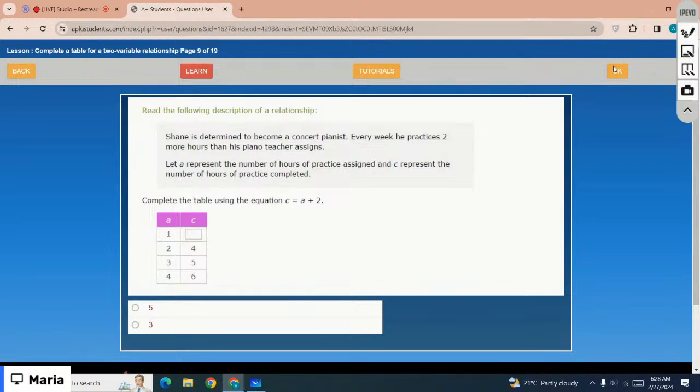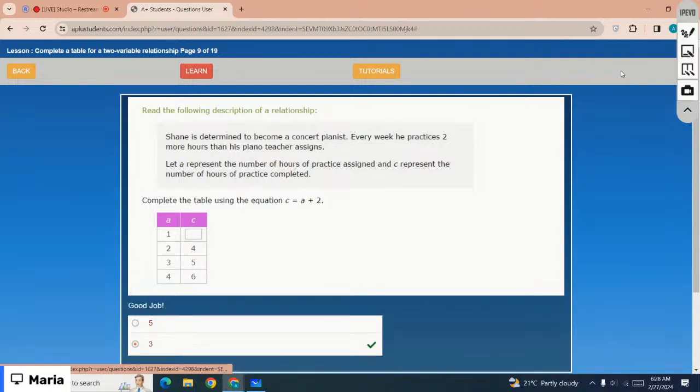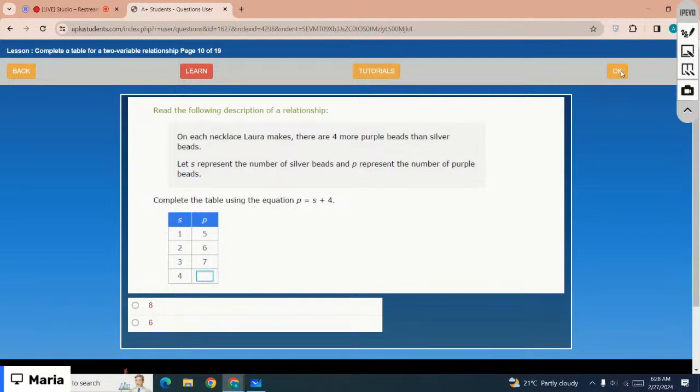Yes, option number 2 is the correct option. Complete the table using the equation P equals S plus 4. So, which is the correct option?